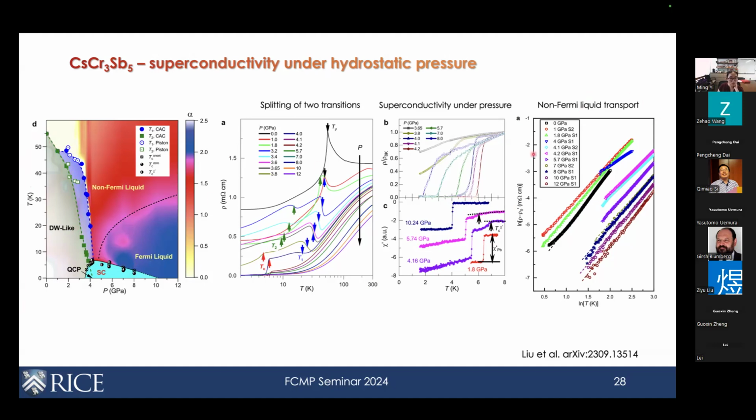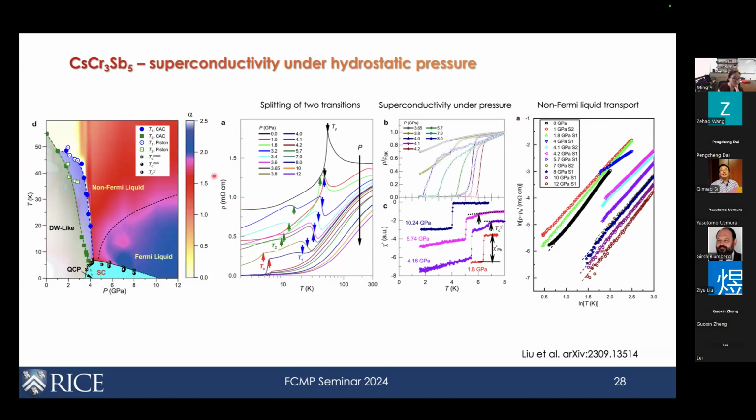The third interesting thing they have also pointed out is that if they look at the resistivity behavior, they can fit the alpha, where the resistivity goes like T to the alpha, and they can see that in this region of the phase diagram, this is roughly in the regime of T-linear behavior.